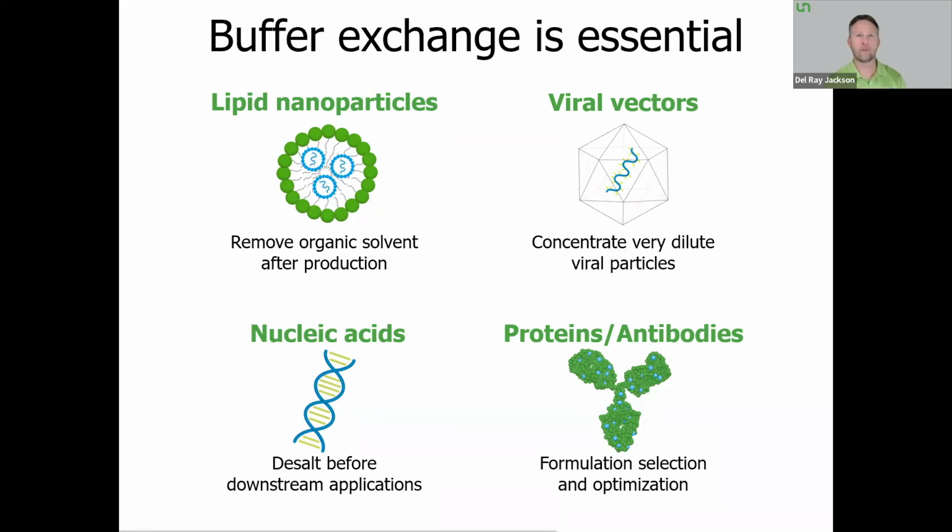You have to desalt them before you can run them on some other piece of analytical equipment. And if you're working with proteins or antibodies, often, once you discover your favorite protein, your favorite antibody, now it becomes a task of finding the best formulation for it to be stable in. And so you might have to do buffer exchanges for that and optimize conditions.